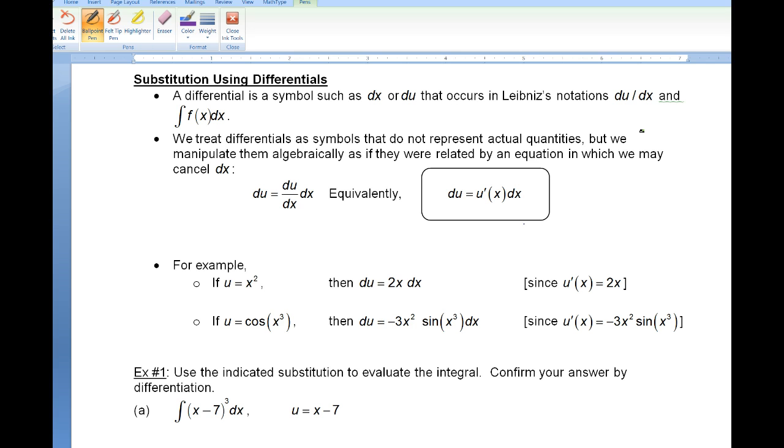Usually when we write a derivative, like dy dx, if I said dy dx is equal to x squared, imagine that if you multiplied both sides by dx, you would have dy is equal to x squared dx. This is how we would write out a differential. So you have your dy on one side and your dx on the other side.